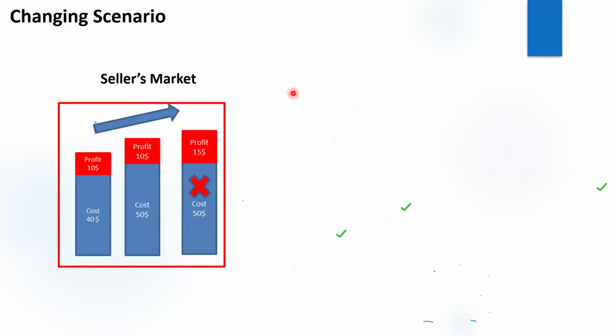And suppose I am selling this marker in the market for 50 rupees, just as an example. But my cost is 40 rupees and I am making 10 rupees profit on that marker. My cost means the raw material cost plus conversion cost.